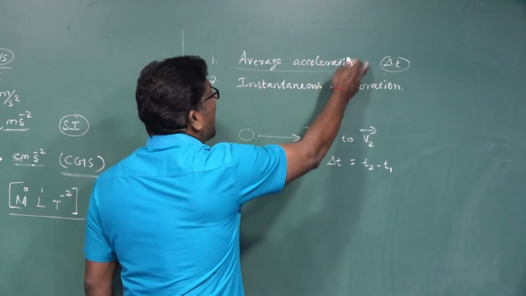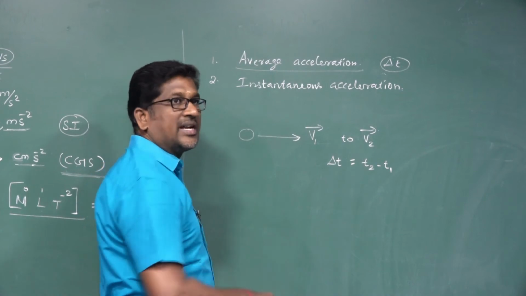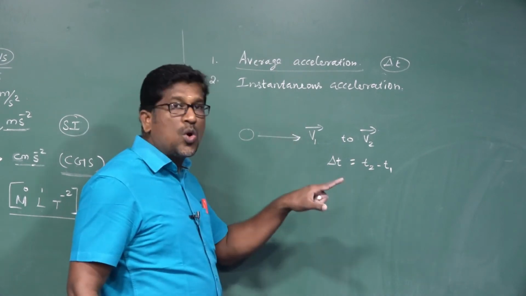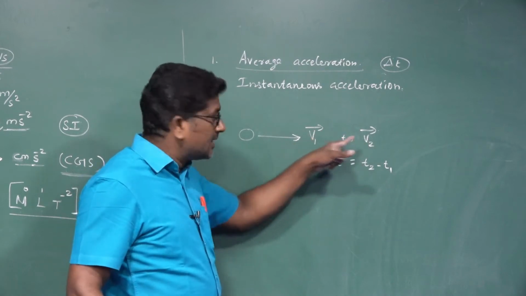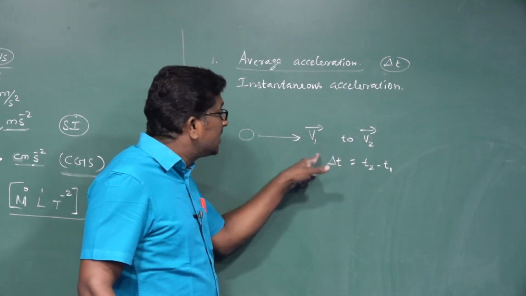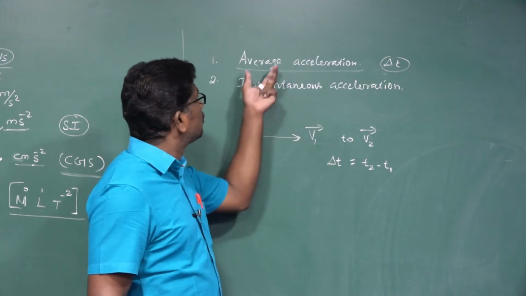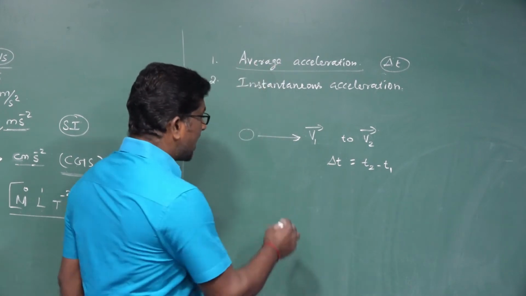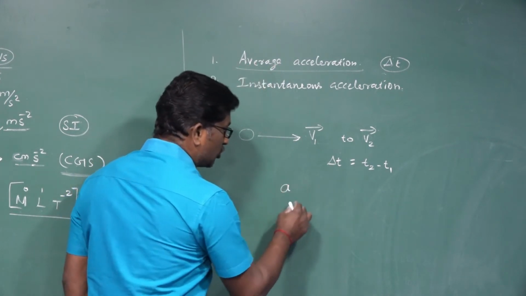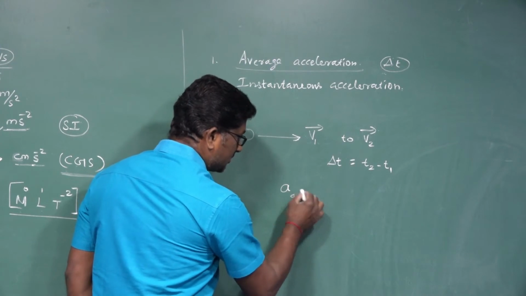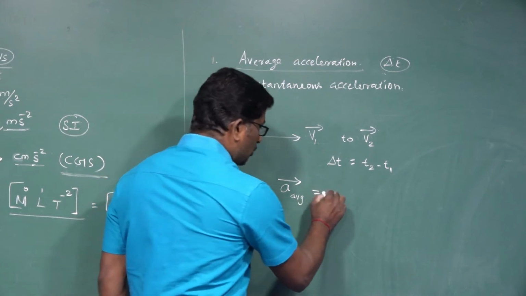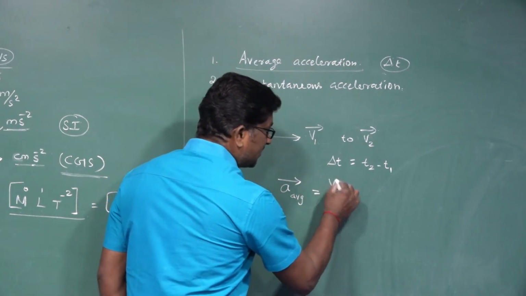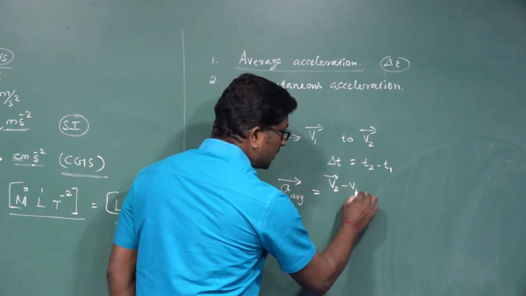Already I told you, average acceleration is defined as the ratio of change in velocity over the time interval del t. Average acceleration is denoted like this, a average, which is equal to the ratio of the change in velocity, v2 vector minus v1 vector.